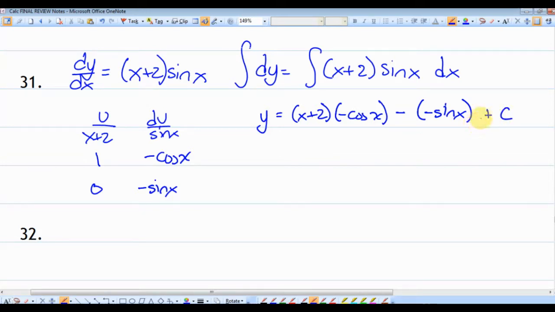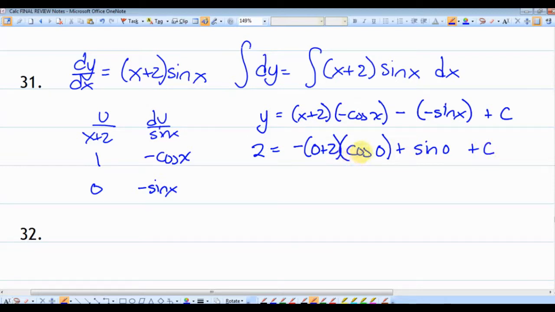Okay, we're going to simplify a little bit and use our initial condition. So we have 2, 0. 2 equals negative 0 plus 2 cosine 0 plus sine of 0 plus constant.